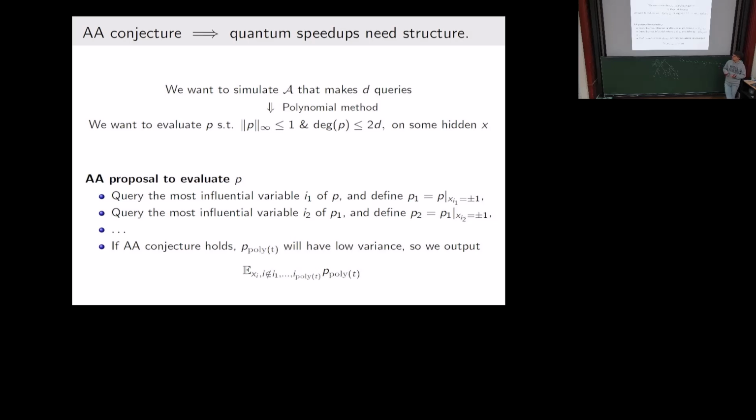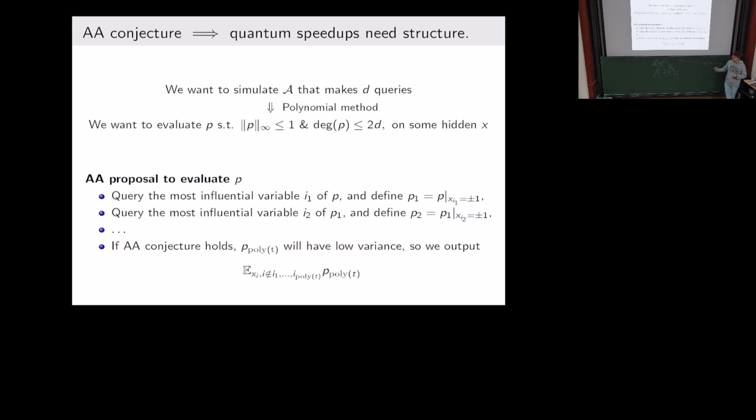So at the end, we are going to end up with a polynomial after restricting in this way that has very low variance. So the expectation is going to be a very good approximation of the value of the polynomial almost everywhere. So what we are just going to output as the value of the polynomial is the expectation of the polynomial when you do these few restrictions of the polynomial.